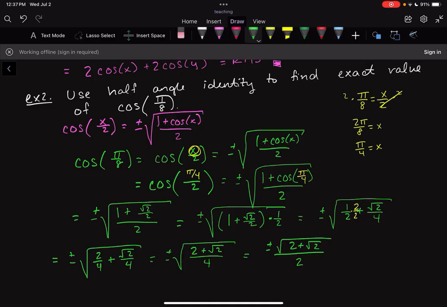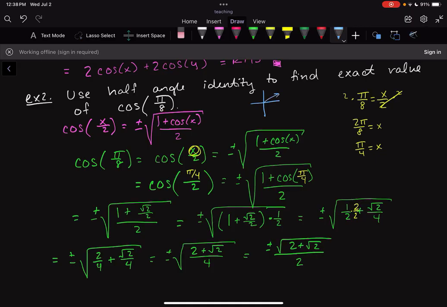Now we're almost done, not quite, because I need to figure out, should it be plus or should it be minus? Now pi over 8 is going to be in quadrant 1. Part of the reason I know that is because if I get to pi over 8 by doing pi over 4 divided by 2, that means it's smaller than pi over 4.